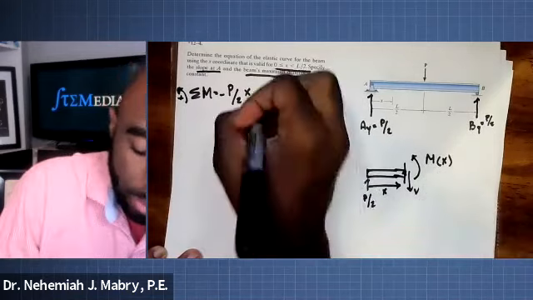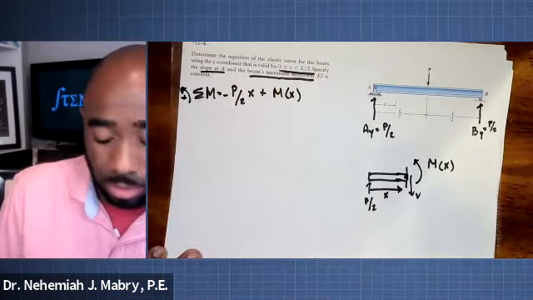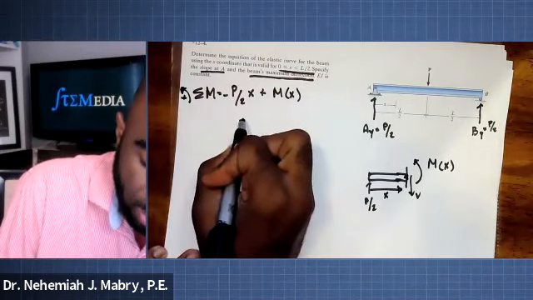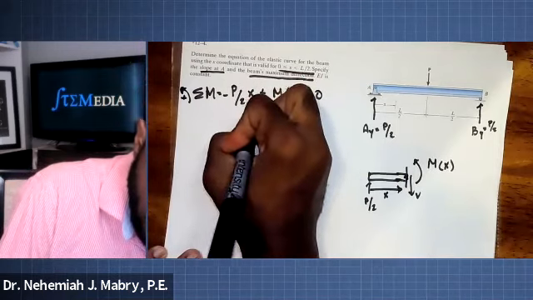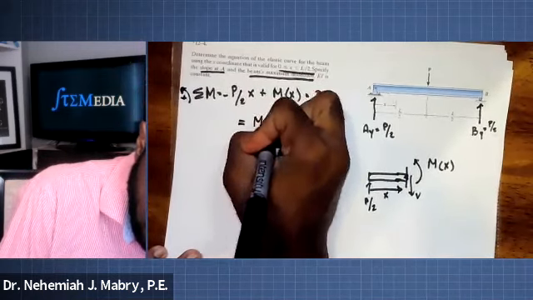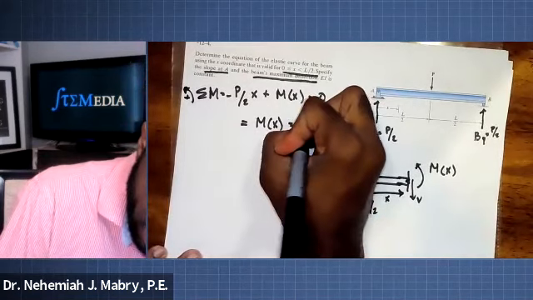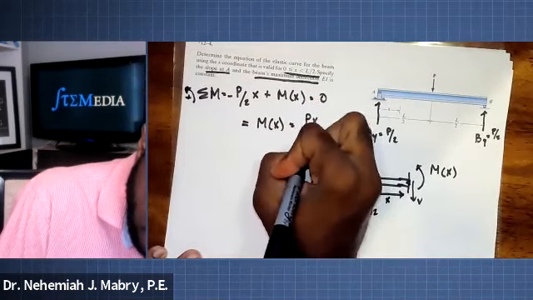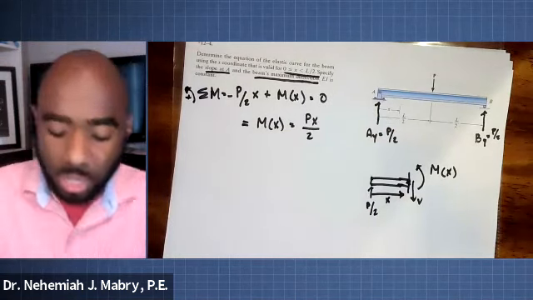And then we would have a positive M sub X. So what that then means is, if we were to isolate that, M sub X is equal to Px/2. Does that make sense? This is an equal sign.